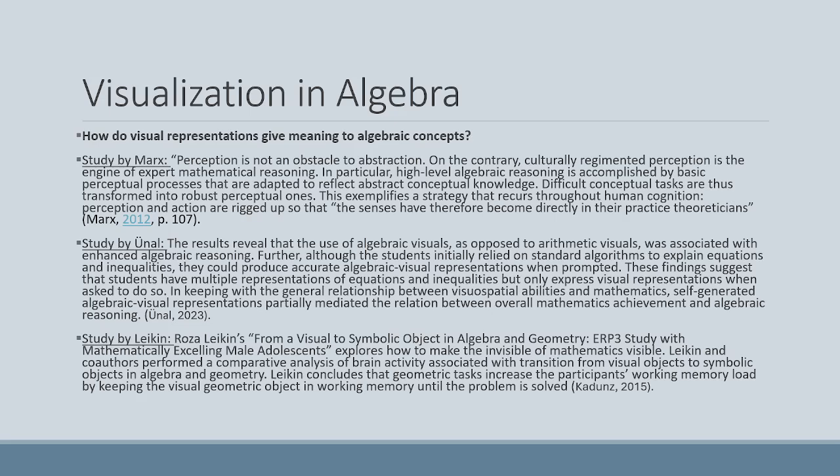And Leikin concluded from that, that a geometric task increases the participant's working memory load by keeping the visual geometric object in working memory until the problem is solved. So in that example specifically, it dipped in a little with geometry, but this conversation of how we get from visual objects to symbolic is a very important narrative that I think is very important from the research.